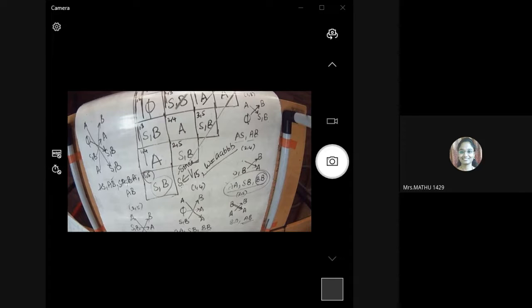Those who have scored less in the first internals, please concentrate more and try to get good scores in the second internals. You have to study the properties, and then the pumping lemma and the pigeonhole principle we have studied. I'll try to share the PPTs also in the Google Classroom.